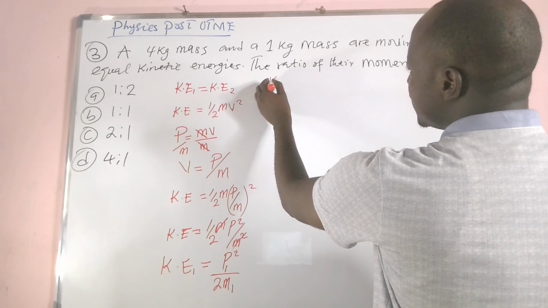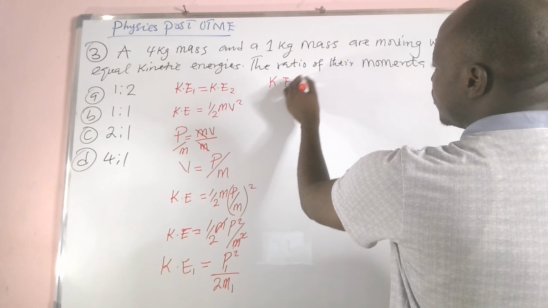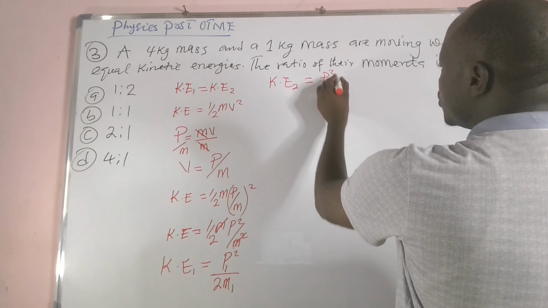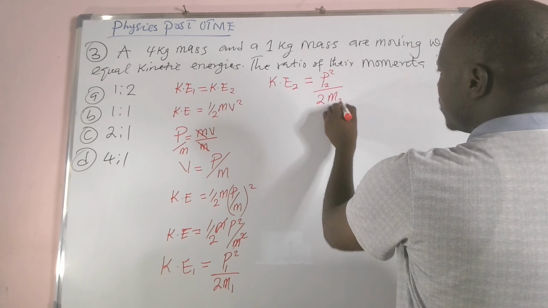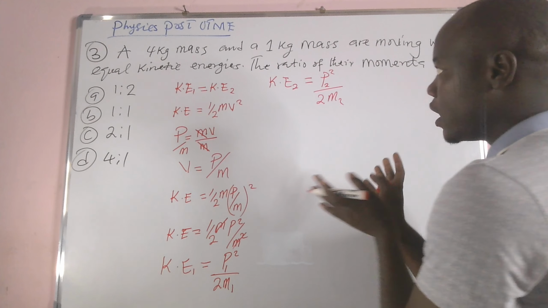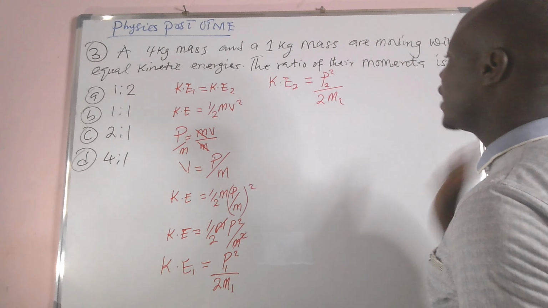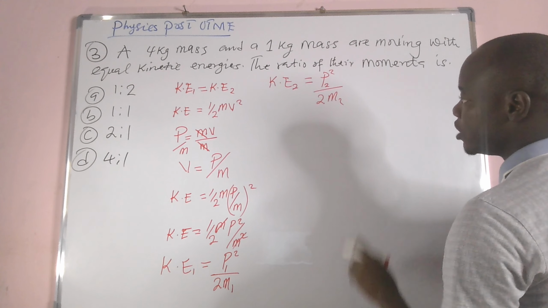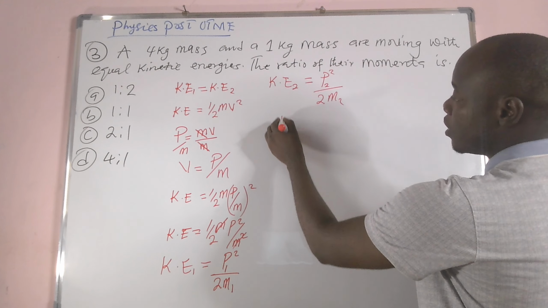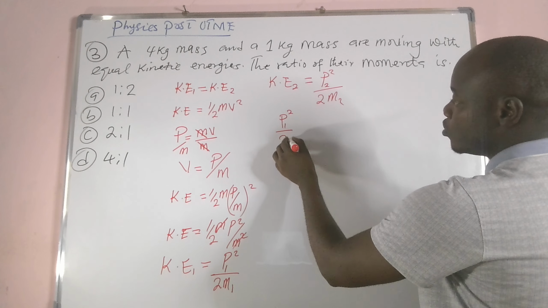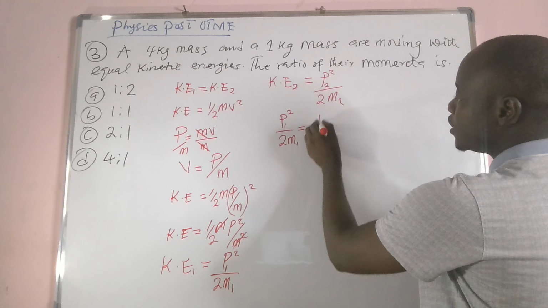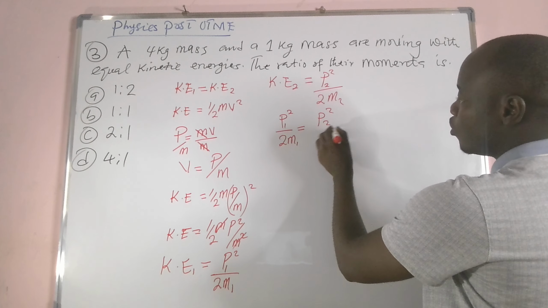It means that the kinetic energy of the second object is going to be P2 squared divided by 2M2. Since they are moving with equal kinetic energy, the kinetic energy of the first object is equal to the kinetic energy of the second object.